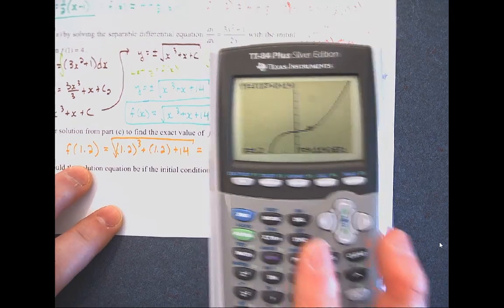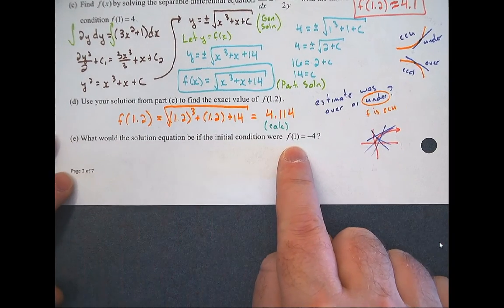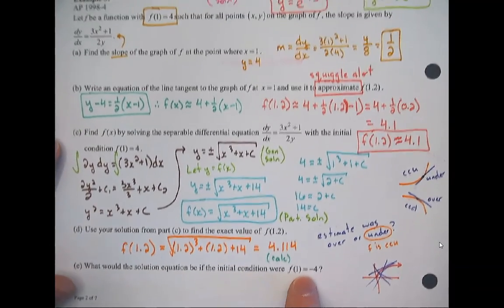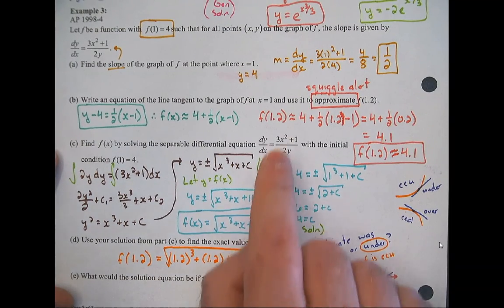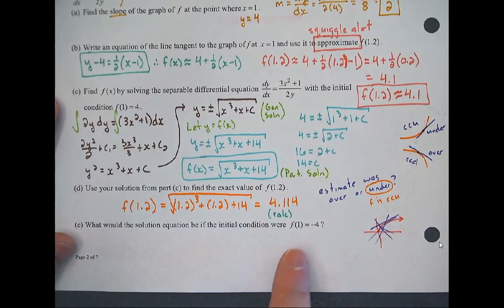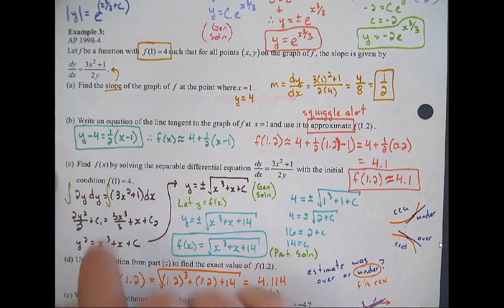What would the solution equation be if the initial condition were f of 1 equals negative 4? Let's go back up here. So if f of 1 equals negative 4, my slope would be negative.